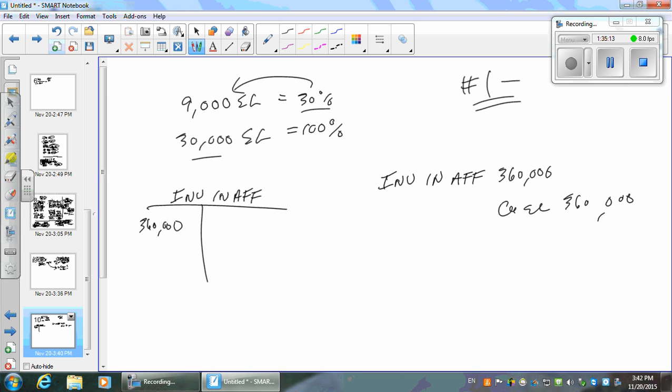And then what happened? Well, they reported income of 120. How much of it do we own? 30%. 30% of 120 is 36,000, right, guys? Debit. I earned it. Debit my investment in affiliate.